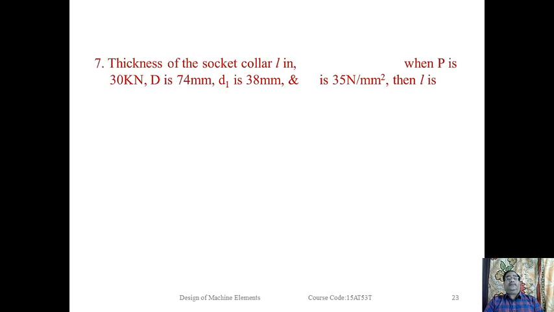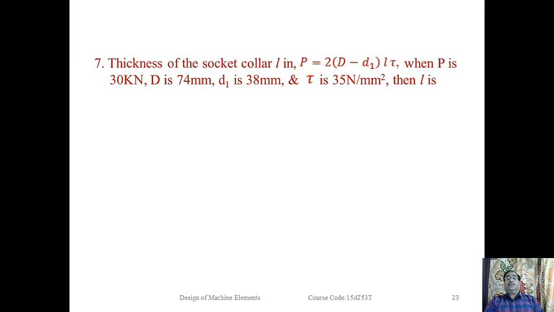Seventh one, thickness of the socket collar small l: capital P is equal to 2 in bracket capital D minus small d1 into L into tau, when P is 30 kilonewton, D is 74 mm, small d1 is 38 mm, and tau is 35 Newton per mm square.